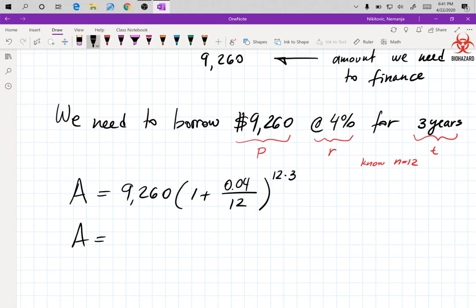So now, 9260 times 1 plus, and this is where we start figuring these things out, right? One by one, calculate. So 0.04 divided by 12 is 0.003333.